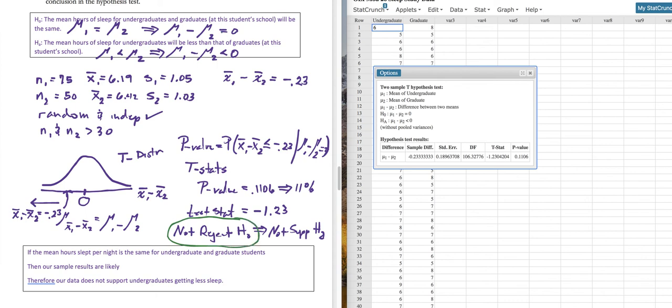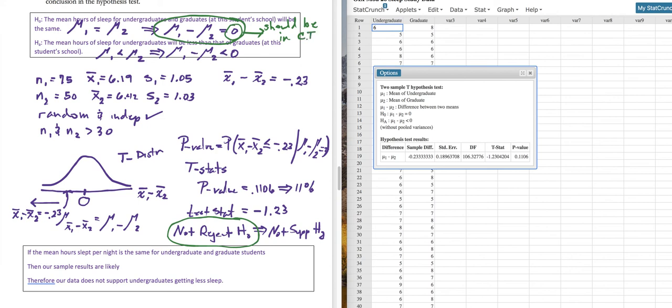And while that doesn't mean we're supporting H0, it does mean that we're not rejecting this idea that the difference could be 0. And if we're not rejecting it, then this value of 0 should be in our confidence interval.